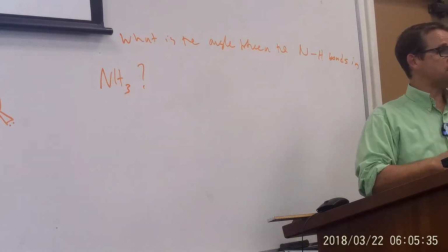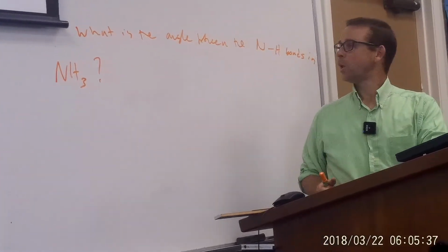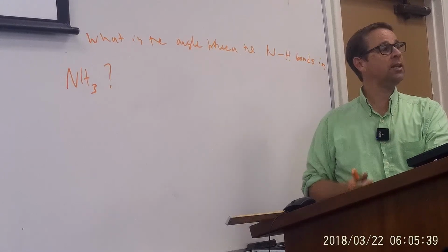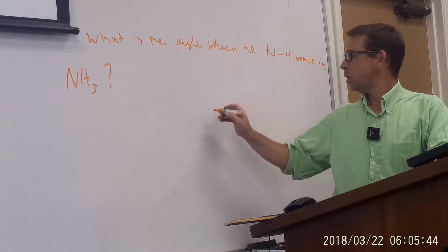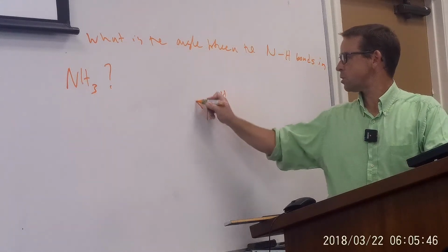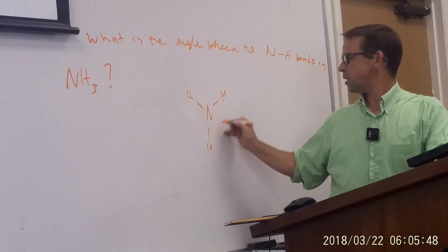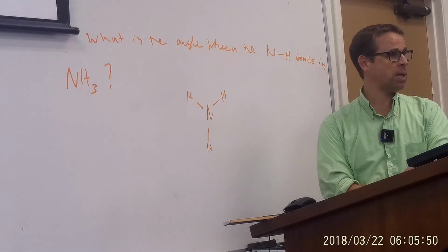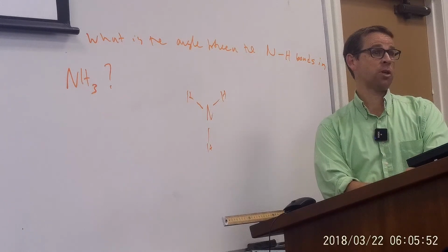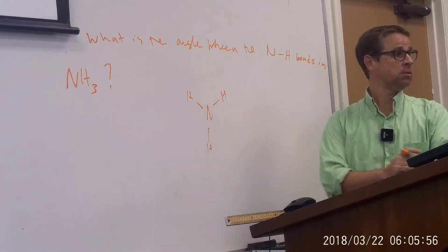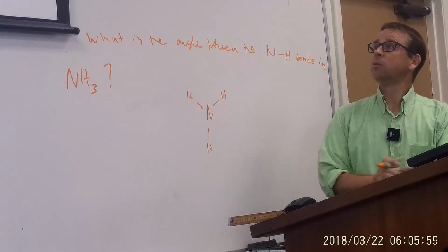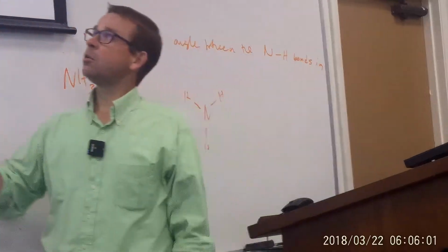How would you approach this? You have to draw the Lewis dot structure. Now, some of you might be tempted to just say, oh, well, there's nitrogen and 3 hydrogens, so it looks like it's going to be 120, right? But you have to draw the Lewis dot structure, and once you do, does it look like that? We have it up here. What am I missing on the one on the board over here?